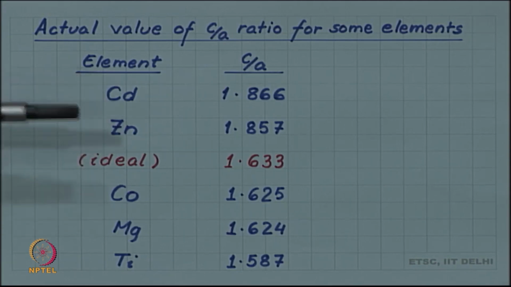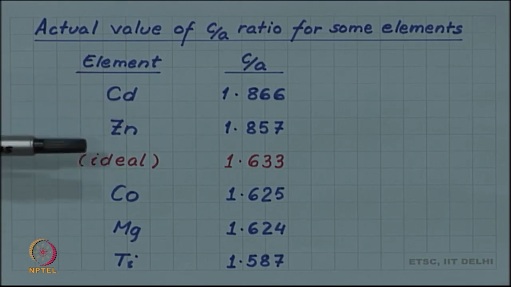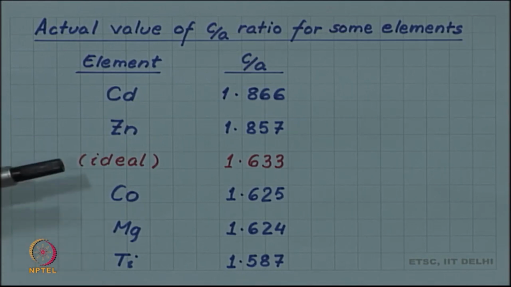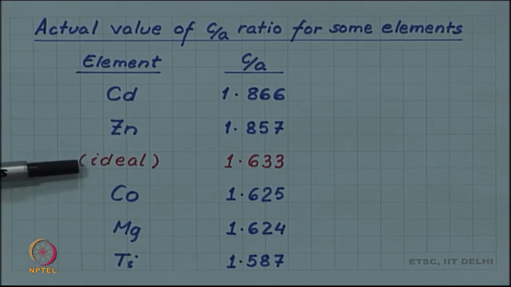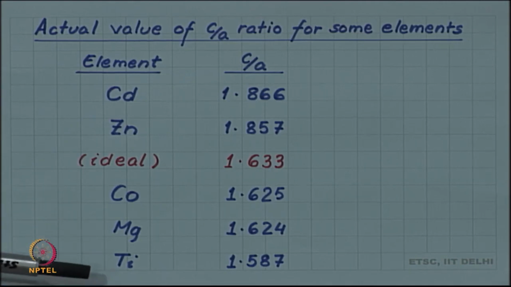So, both these elements have C by A ratio significantly higher than the ideal value. Similarly, there are elements like cobalt, magnesium and titanium which have values lower than the ideal value. Cobalt and magnesium are lower, but rather close to the ideal value, but titanium is significantly lower than the ideal value.